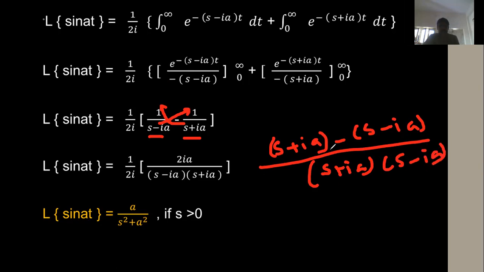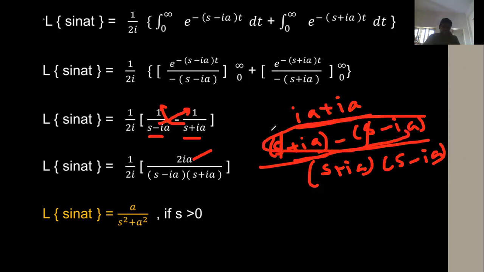After simplification, you will get this one. So minus into minus gives plus, and minus s and plus s both get cancelled. So here plus ia, and here also minus into minus you get plus, again one more plus ia. So plus ia plus ia is nothing but 2ia. Okay. So if you simplify this numerator, you will get 2ia.